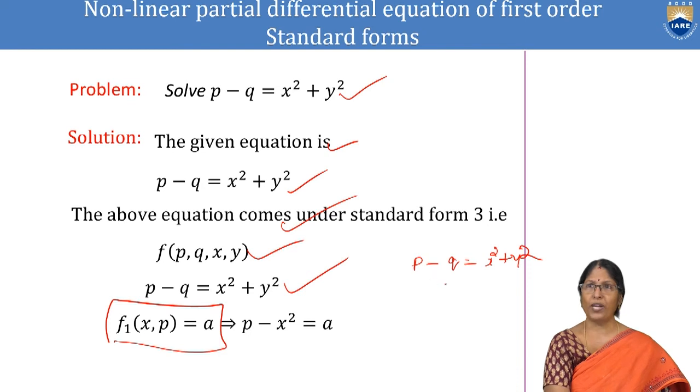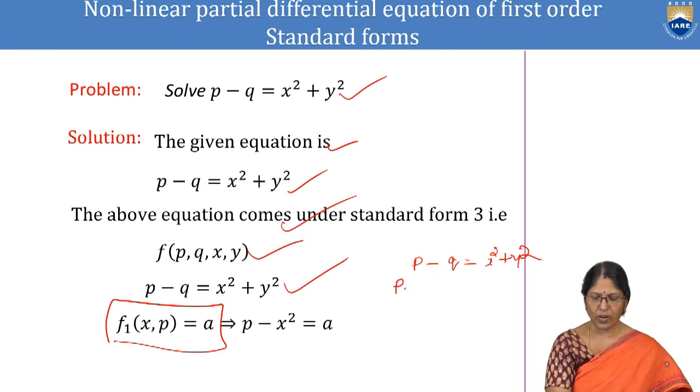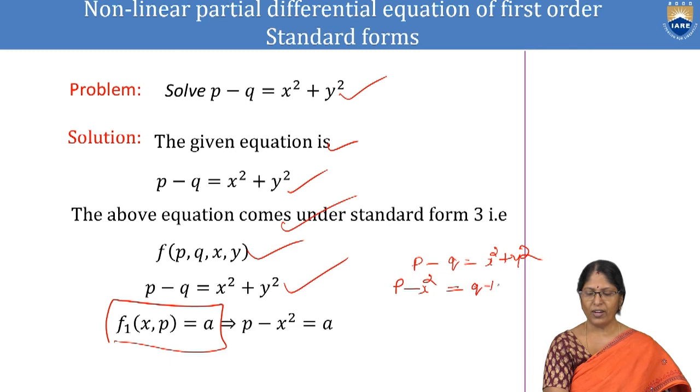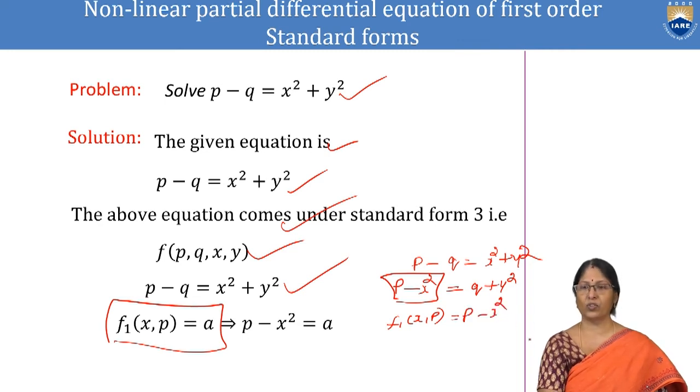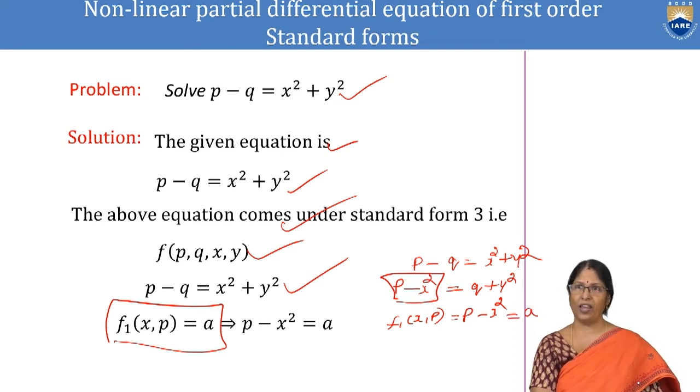We will group p and x on one side. So p and x² we are bringing to this side, and q we are bringing to the next side. So this is nothing but f₁(x, p), which according to our problem is p − x² equal to some arbitrary constant a.